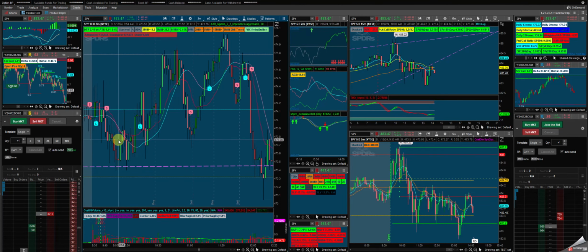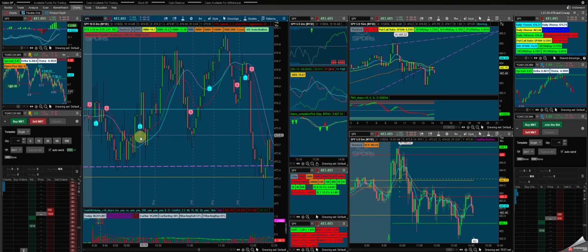So, 3-point system. We need the Chande VWAP and the Hull moving average to match, and then the ATR signal. So it'll be 3 points. We get 1, it's long. 2, ATR signal, which is long. That's 2 points.